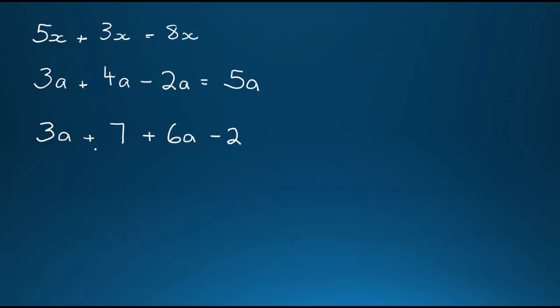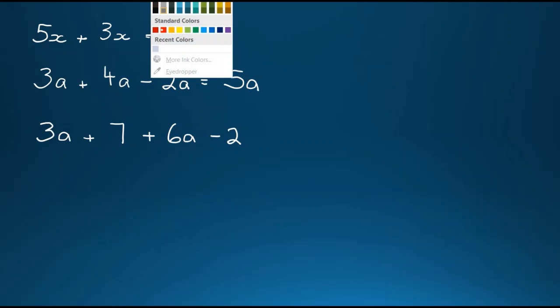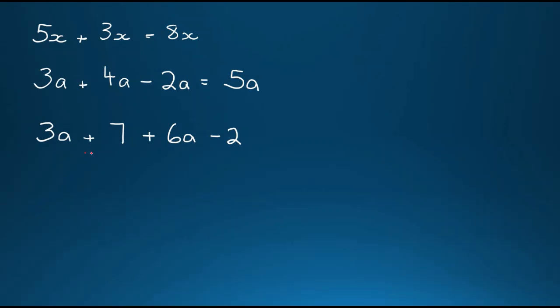So here, not each one of my terms has got the pronumeral A. So what I'm going to do is something called collecting like terms. I'm going to regroup it. Now the thing to remember is the fact that the sign before the term belongs to that term. So that plus 7 plus 6A minus 2.